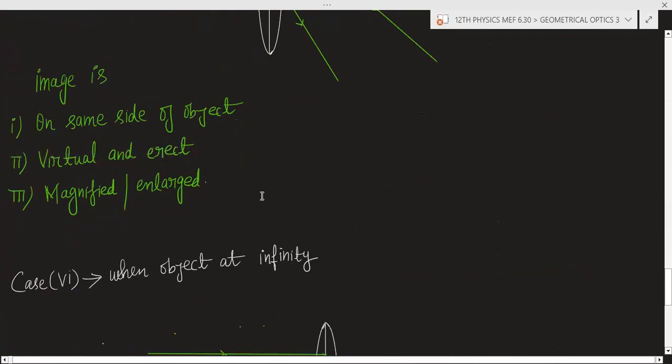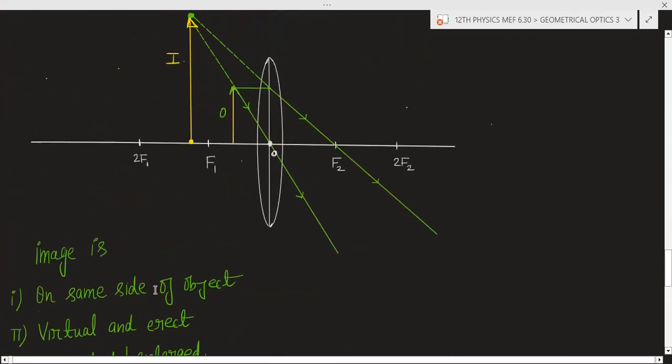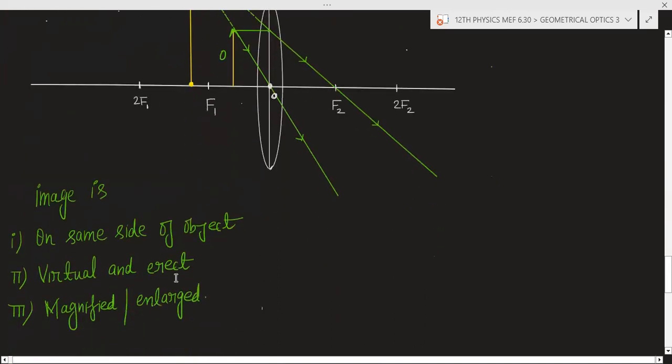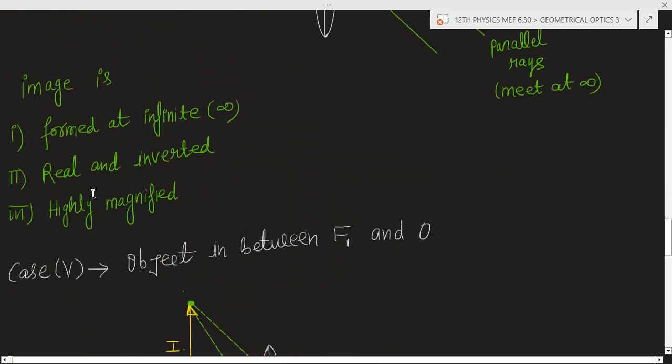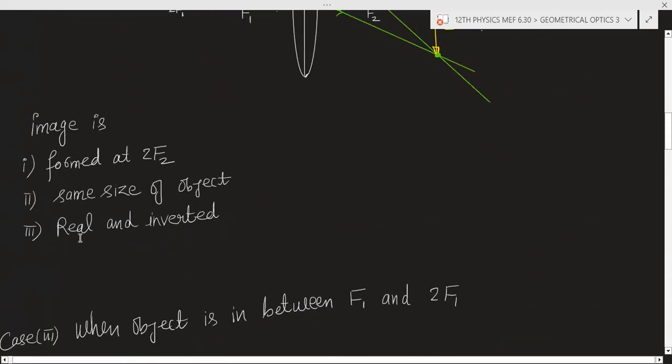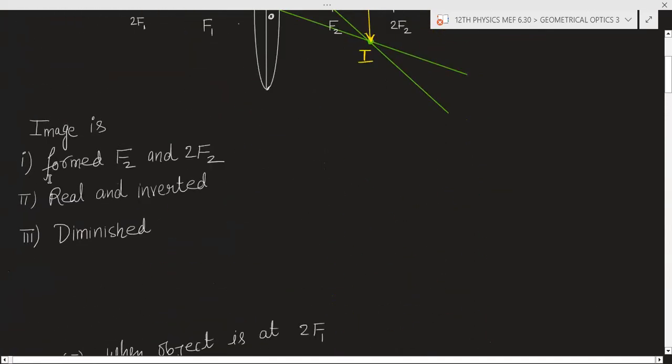Means the convex lens can produce a virtual and erect image, and also a real and inverted image. You can see the size of the image is highly magnified here, here also magnified, here the same size as the object, and smaller than the object also.